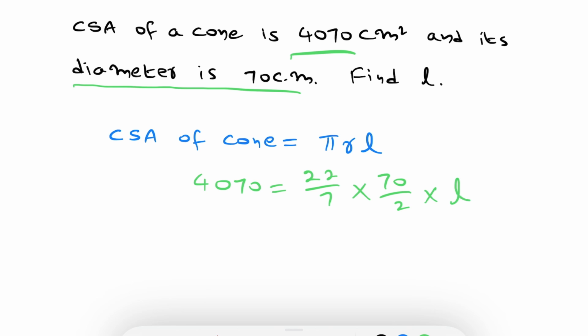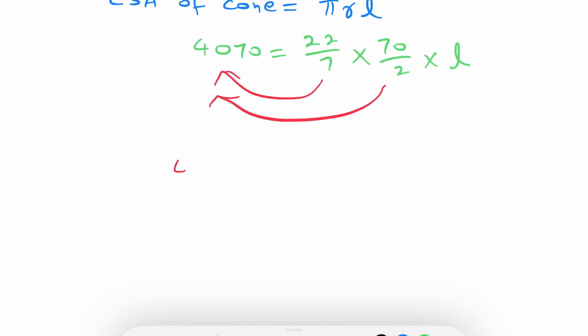Now I need to find the L value, so that's why I am taking everything else to the left side. 4070 as it is; 22 by 7 if I take to the left side it will become reciprocal, so that is 7 by 22, into 70 by 22 also I am taking to the left side, right?